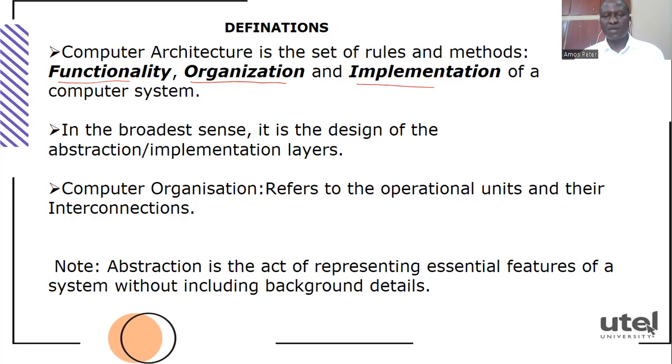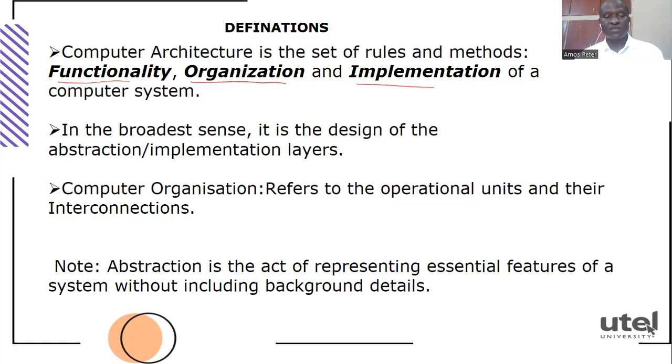Now, in the course of my definition, I said that in the broader sense, computer architecture could be seen as the design of all the abstractions and the implementation layers that help us carry out information processing applications or run them efficiently and effectively. Now, a definition of what an abstraction is very important at this point. Abstraction is a methodology that is frequently used in the science and engineering space.